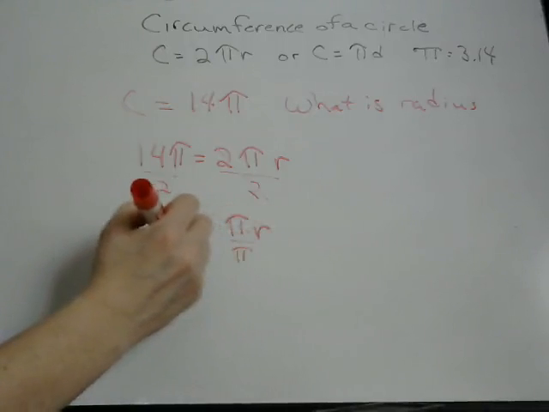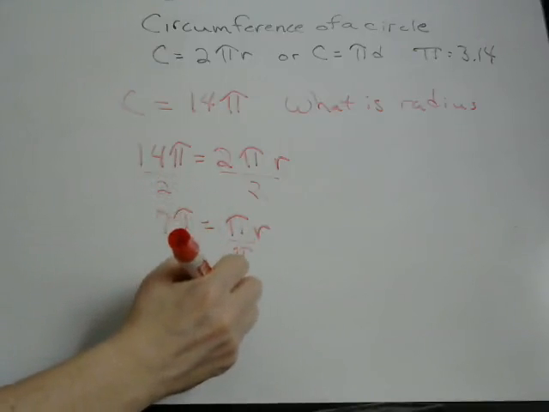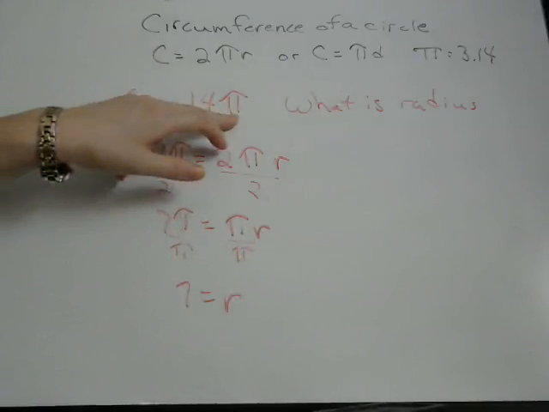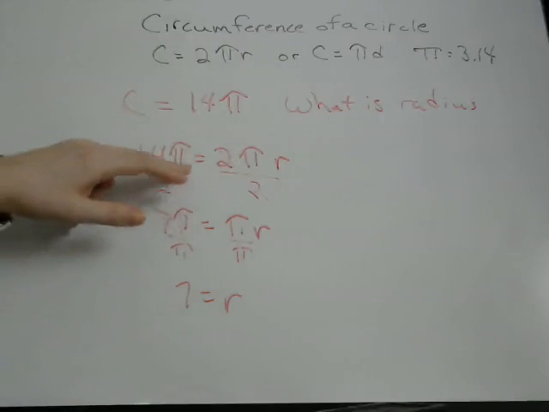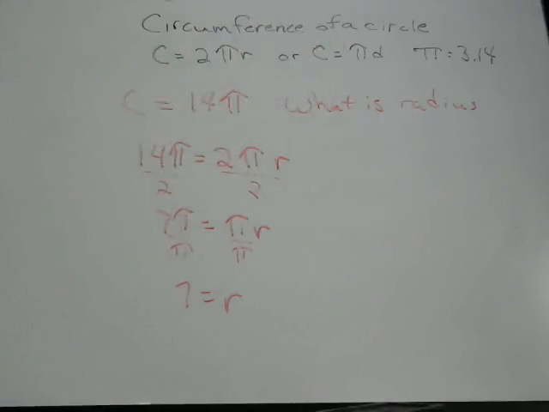Otherwise, you can divide each side by pi. They cancel out, and you get 7 equals the radius. So don't get thrown off if they leave things in terms of pi. This is just a constant number. These are almost easier problems where you can just look at them and see what has to be multiplied by that pi to get the answer.